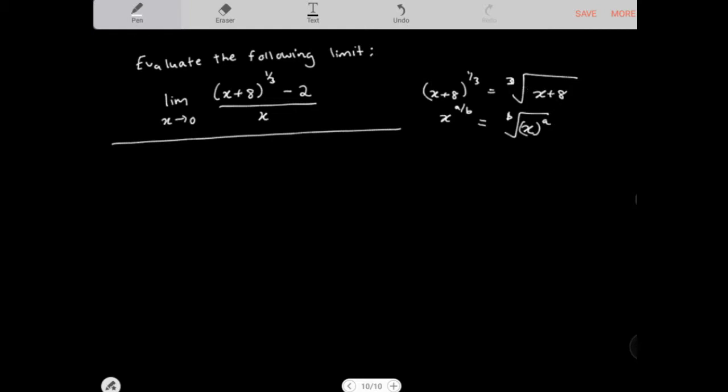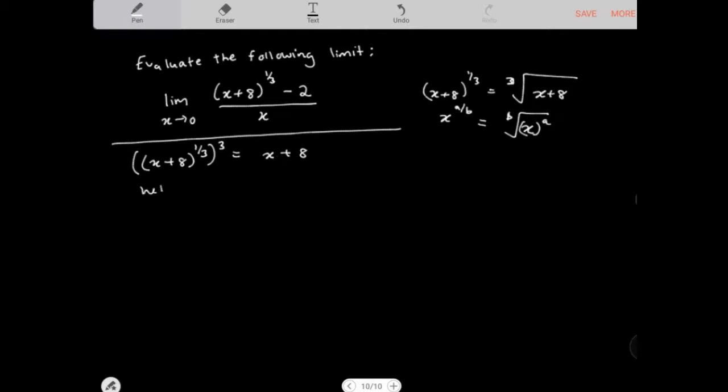So this is where we need to employ a substitution. This is a special case type of question, and it's still pretty important to understand this template in case it comes up on some kind of assessment. I can notice here that (x plus 8) to the power 1/3, cubed, is going to give us x plus 8.